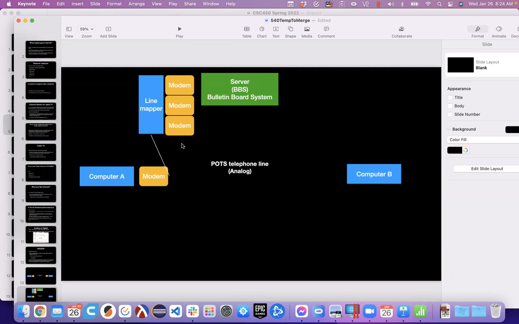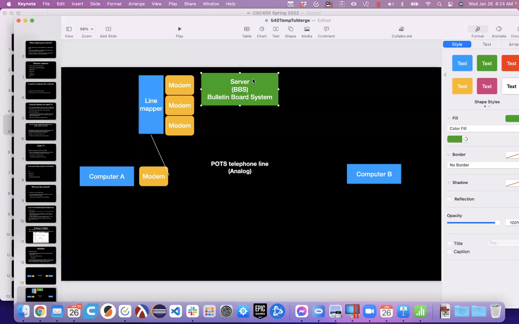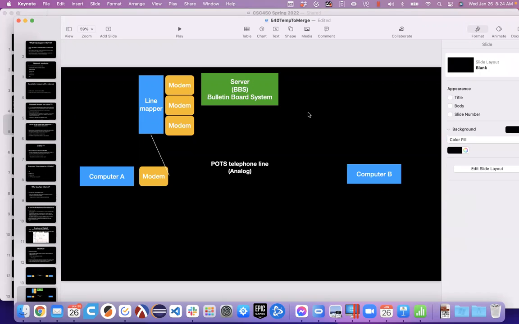So you would dial into a central hub with a single phone number, which would then hand you off to one of the modems that's not currently being used. And then that would connect you to that server. And then those two modems were the ones talking to each other until they hung up. Okay, so you were using that line.